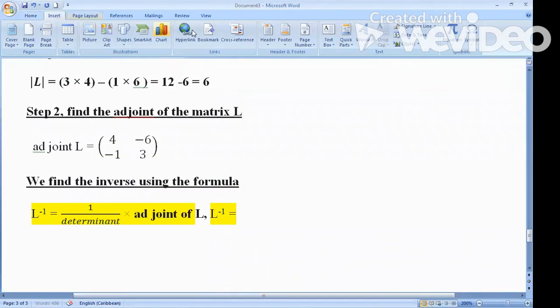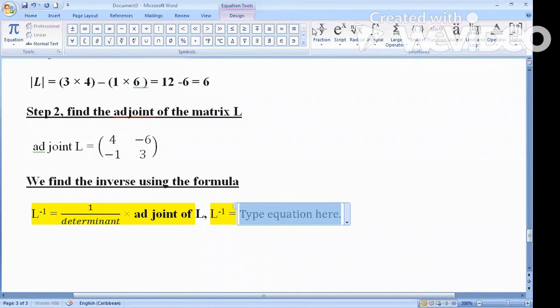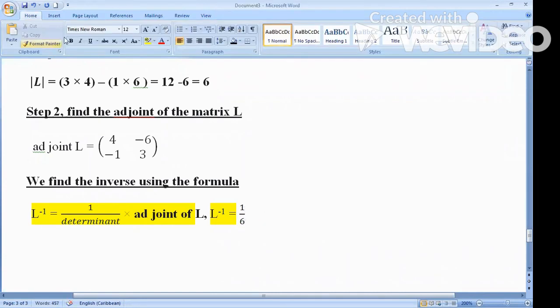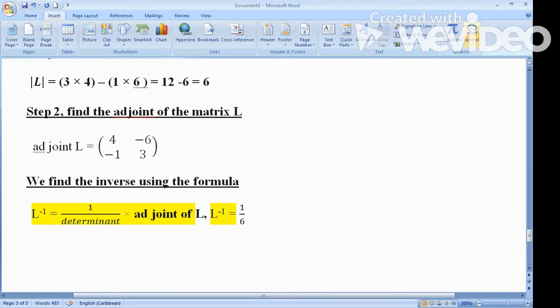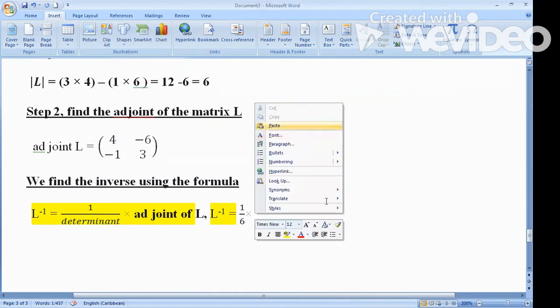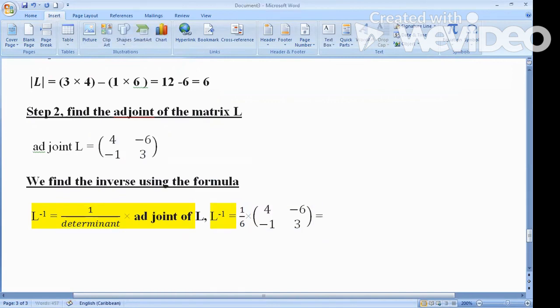So it's 1 over 6 times the adjoint, which is this. You see that?